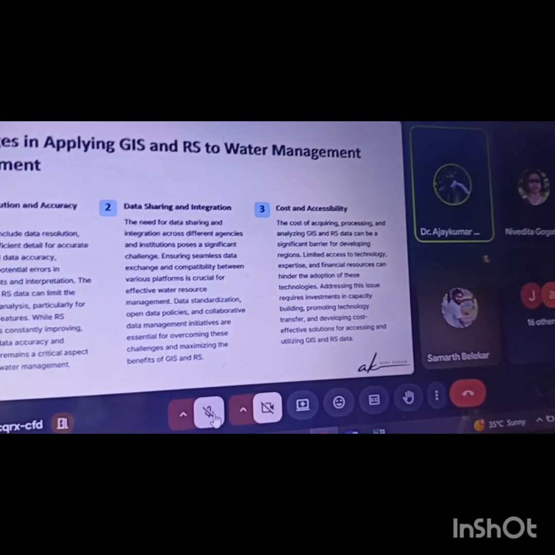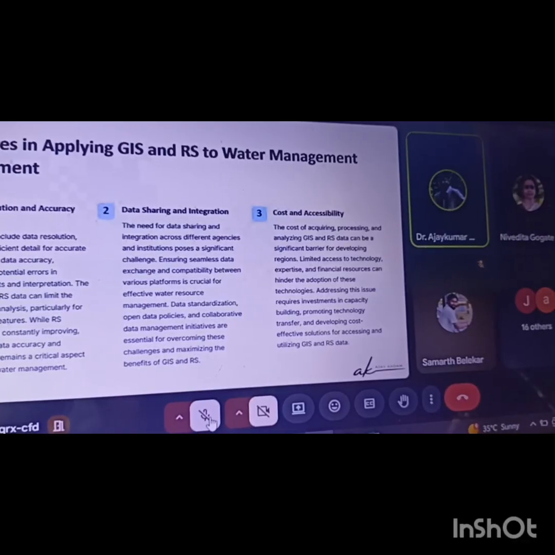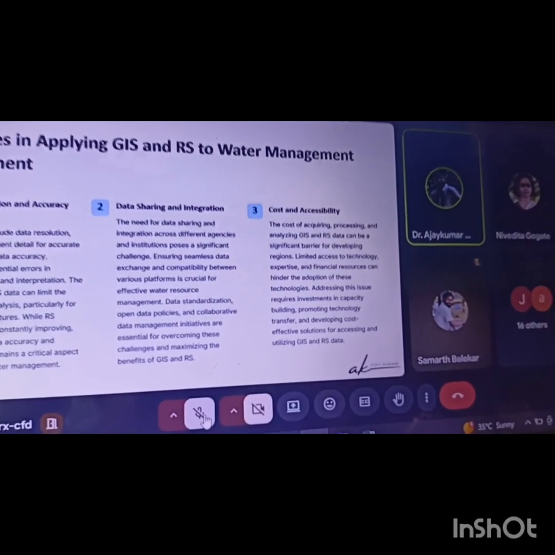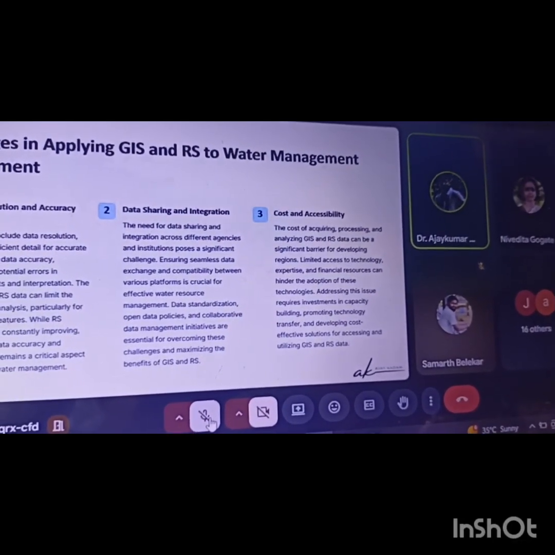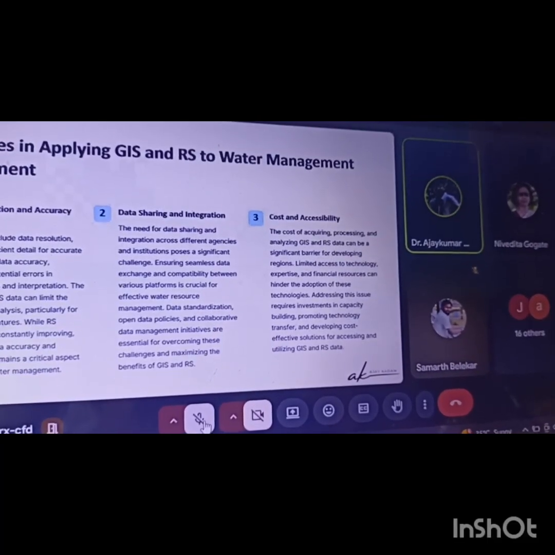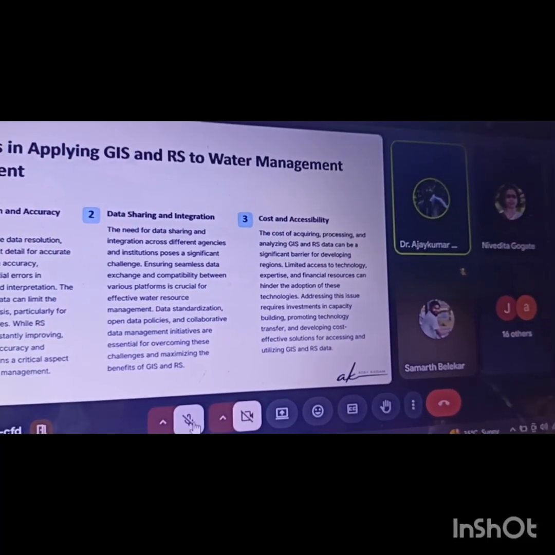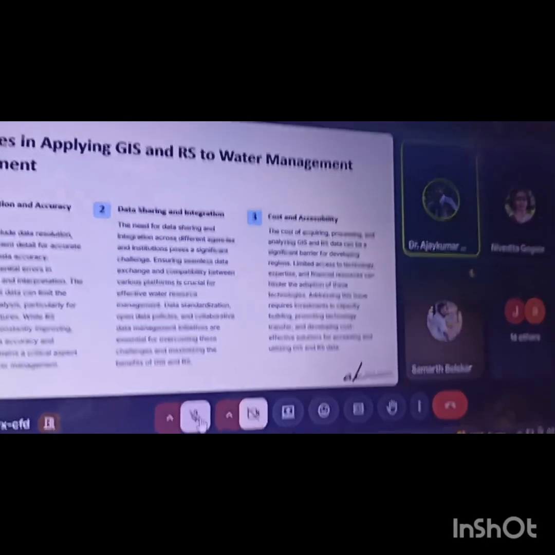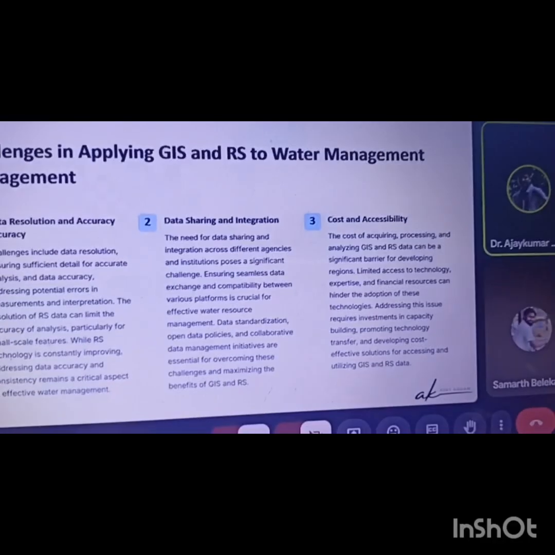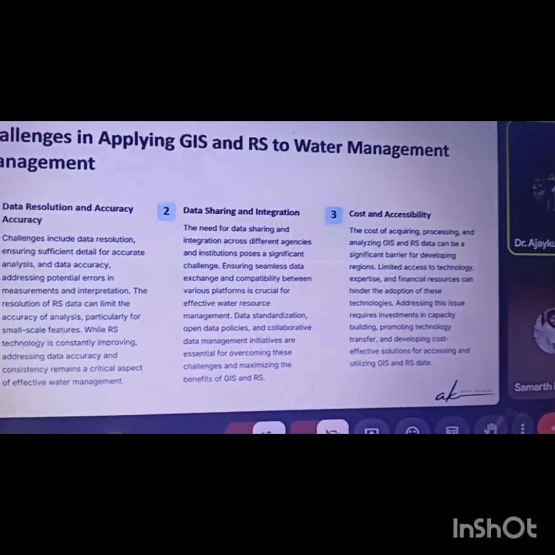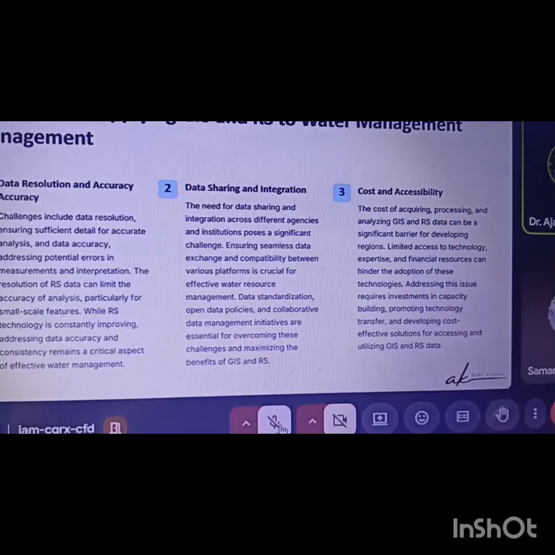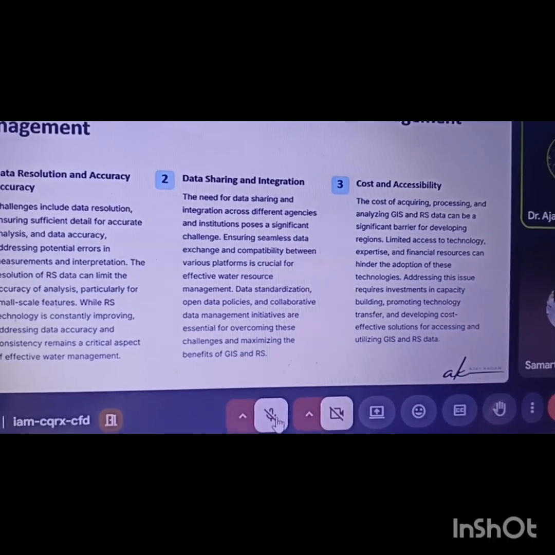Next will be data sharing and integration, because in the US all the data is available on the USGS website, United States Geological Survey, or any groundwater related survey. All the data for each and every parcel of the US is always present. But for India, it is very difficult, or not possible, to get data for the Indian subcontinent.